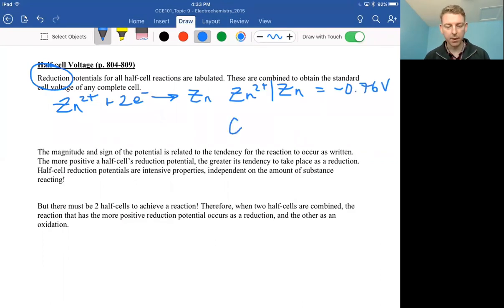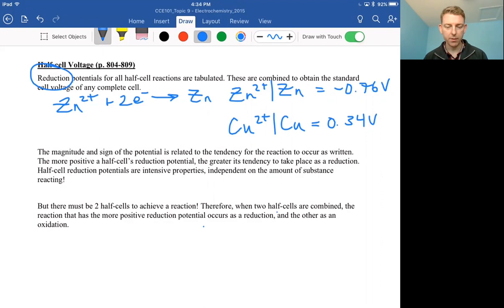Something like copper will have positive 0.34 volts. So if you were going to check out a list of these half reactions, they would just be tabulated like that as they go down the line.